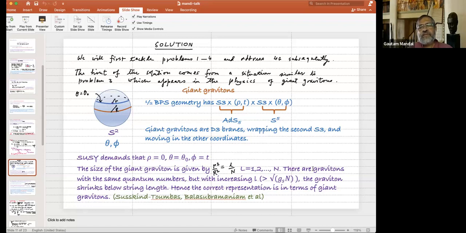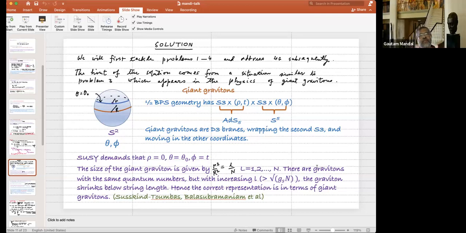Now, the way these giant graviton objects were discovered, if not historically, at least logically, is that if you look at the quantum numbers of these giant gravitons, they actually exactly agree with particles rotating along these directions with the same angular momentum, namely gravitons.